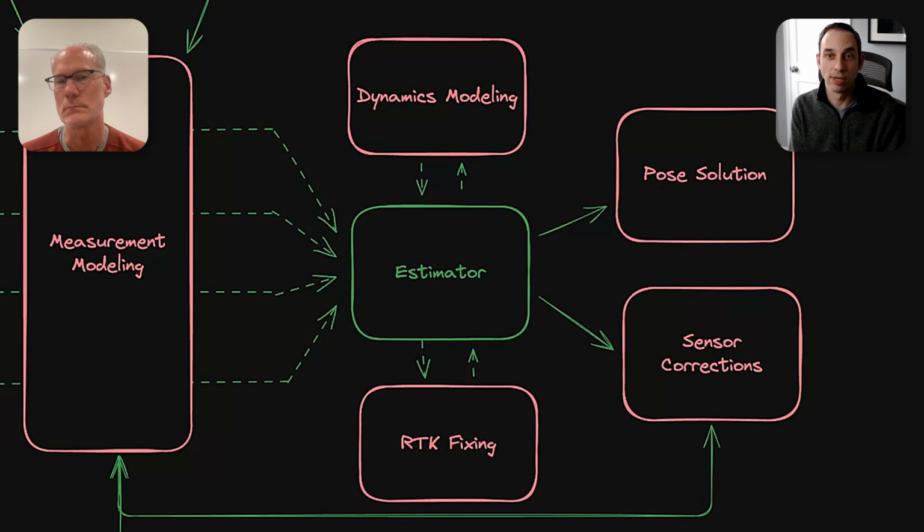Then you take these innovations that are telling you how those measurements differ from what we think they should have been, and that relates through this math to, well, how wrong was my position? How wrong was my velocity? And we do it in such a way that we're considering, okay, how noisy, how much error do I think the measurements may have versus how confident am I about what I think is true for position and velocity?